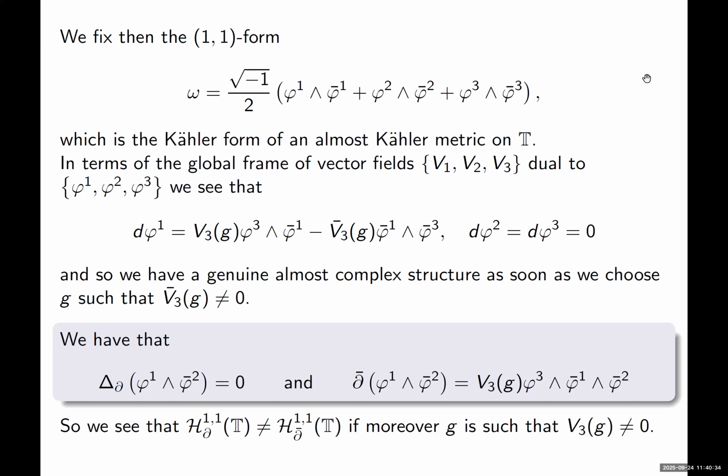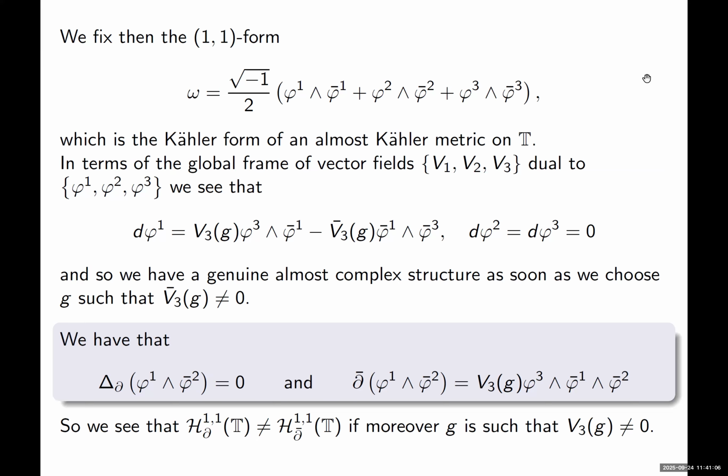So if we choose g such that not only v̄3 g is not 0, but also v3 g is different from 0, then we get an almost complex structure which is not a complex structure, and a form which is harmonic with respect to del, and which is not harmonic with respect to del bar, since it will not be del bar closed, which is a necessary condition for being del bar harmonic.